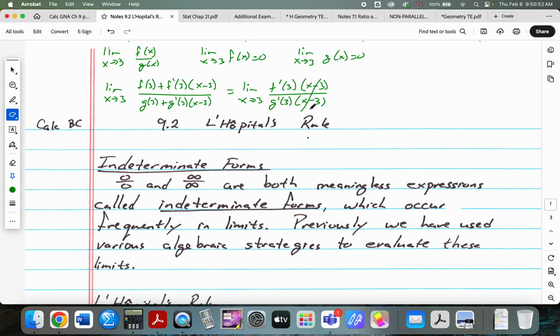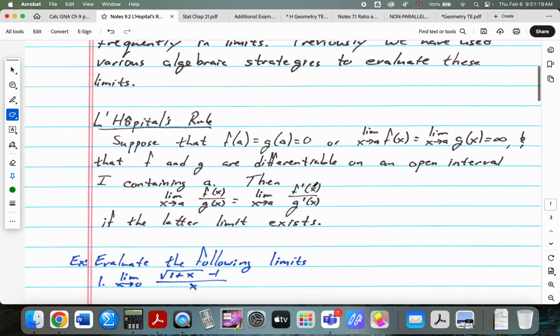So I can cross those off, and I get the derivative of each one of them. That's why this works. Basically, what we're doing is we're replacing the function with what's left, once we've canceled everything off, of the tangent line. We just don't take the time to write the entire equation of the tangent line. It would take too long. Okay? All right.